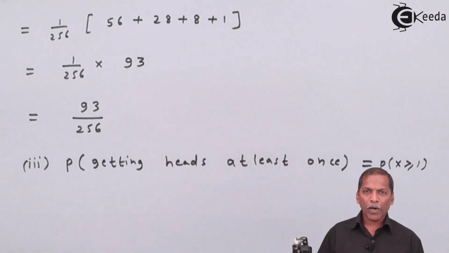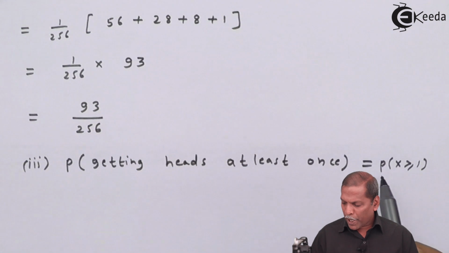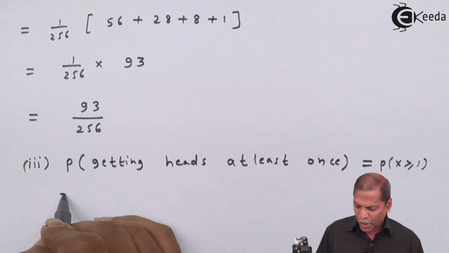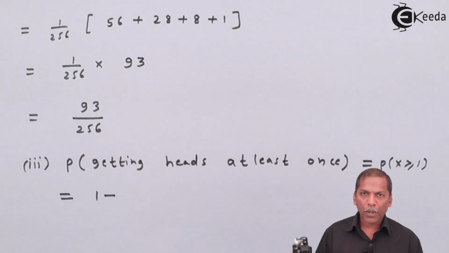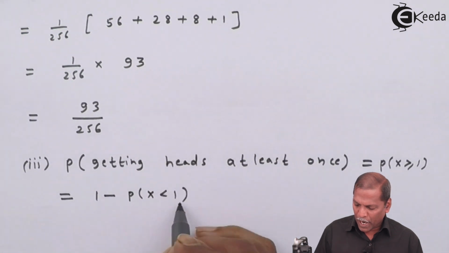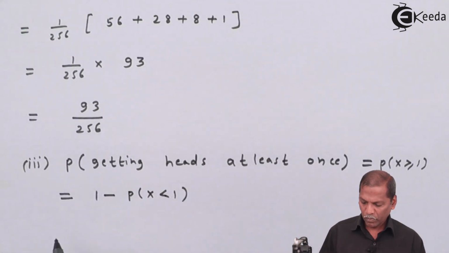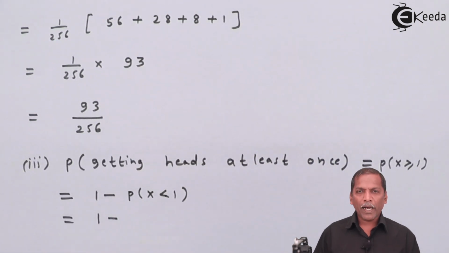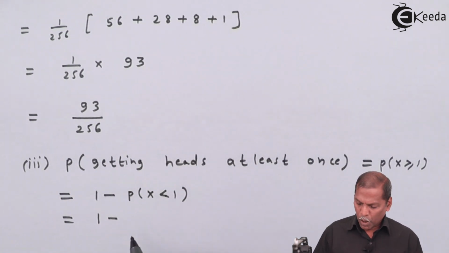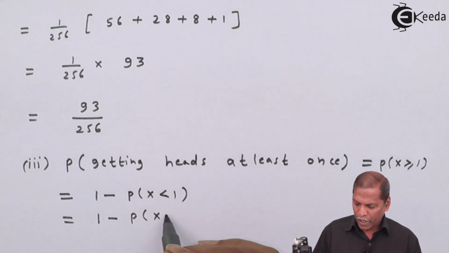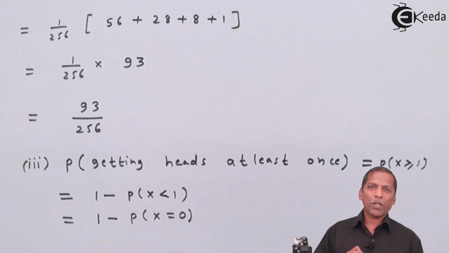So we go in the reverse way, that probability x greater than or equal to 1 can be written as 1 minus probability x less than 1. Less than 1 means 0. So it means here we have to find only probability x equal to 0.